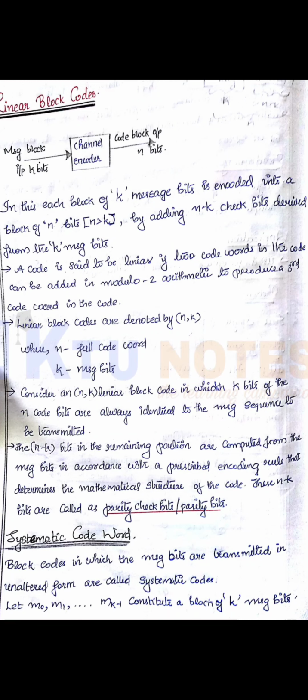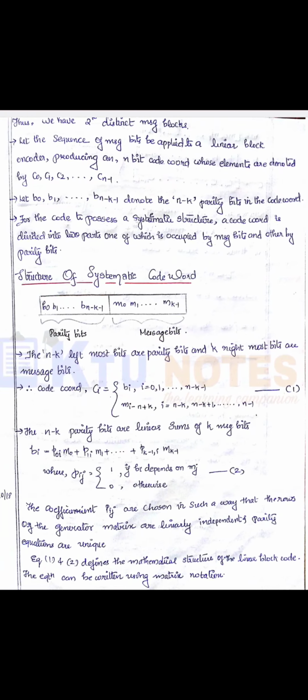Here in this whole section on linear block codes, we are representing the message. The message has size k bits as m0, m1, etc., m(k minus 1), which constitute a block of k message bits, and thus we have 2 raised to k distinct message blocks. Let the sequence of message bits be applied to a linear block encoder, producing an n-bit code word.